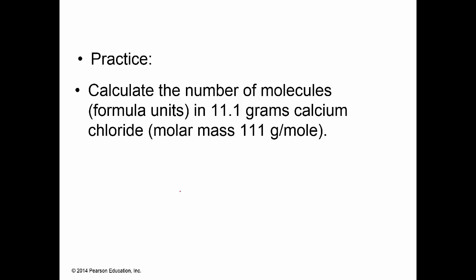Okay, so look at what we have. Probably even in the beginning, I'll give you the formula: calcium plus 2, fluoride minus 1, so you know it's calcium fluoride. So calculate the number of molecules, which is formula units, but I went ahead and stayed with molecules, in 11.1 grams of calcium fluoride. So you know you have 11.1, and remember, you have to go from grams to moles.